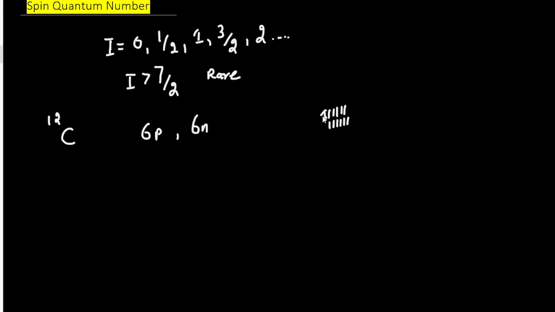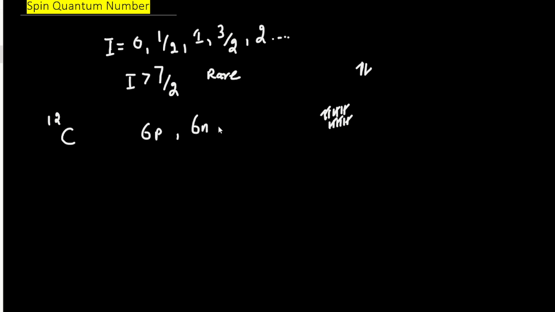So 6 protons, 2 protons are paired up, like one has this spin and the other has this spin. So plus half, minus half mean these are cancelling each other. So 2, 2, 2, this. So all the spins have been cancelled.